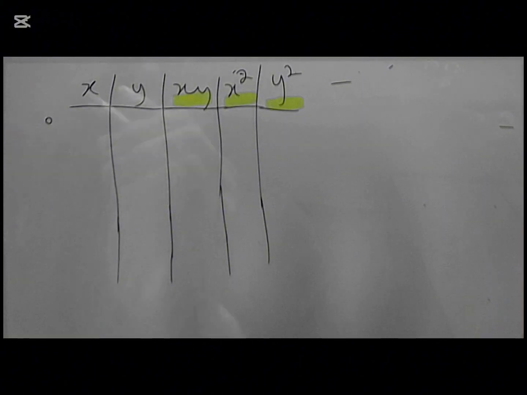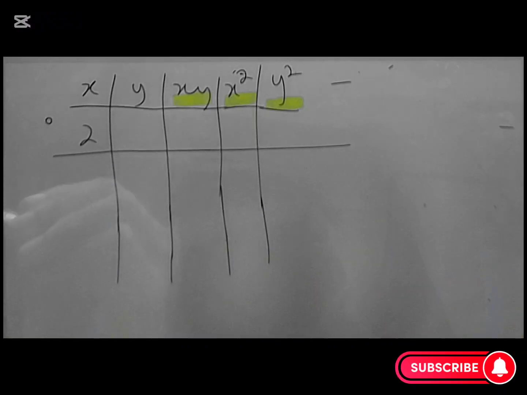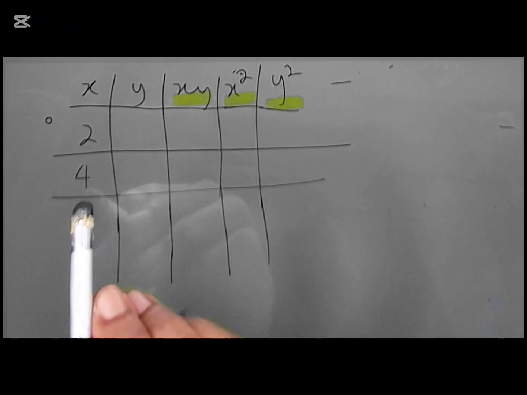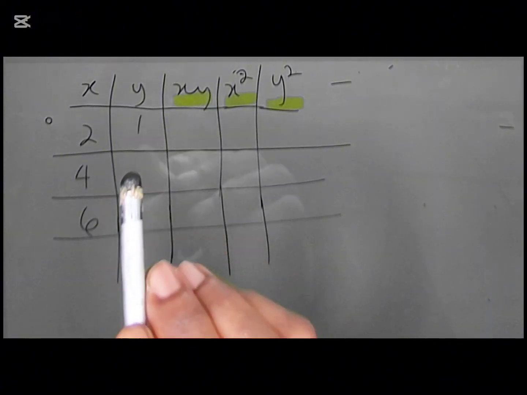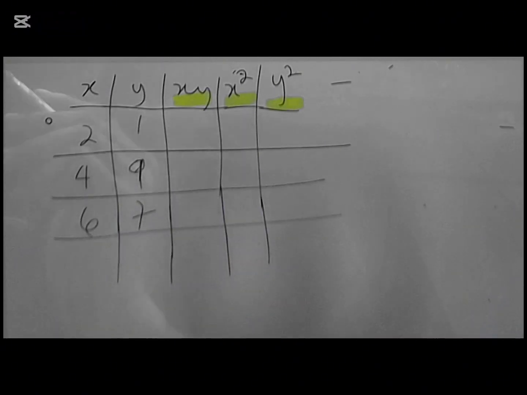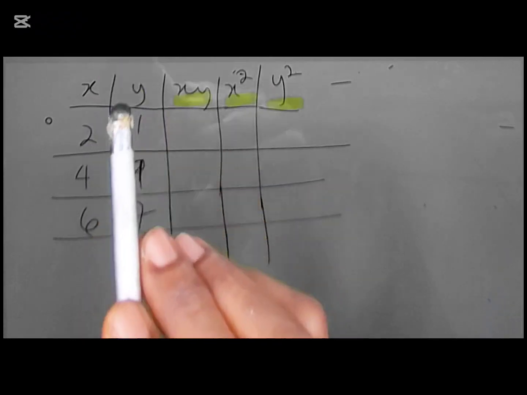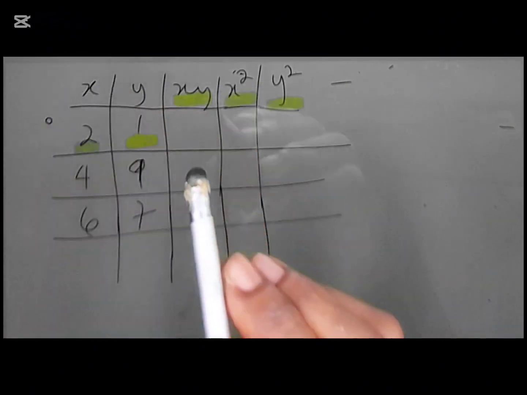So the values of x are 2, 4, and 6. But the values of y are 1, 9, and 7. So let's try to impute the values here. To find xy, that means 2 times 1, xy will be this times this. So I'm going to have this to be 2.